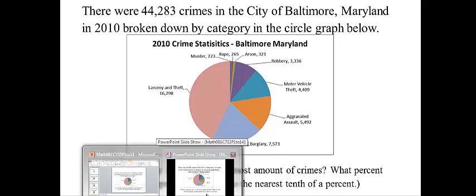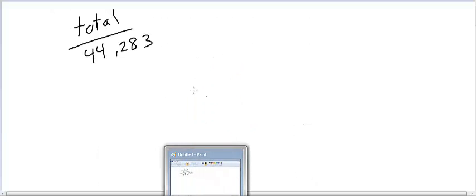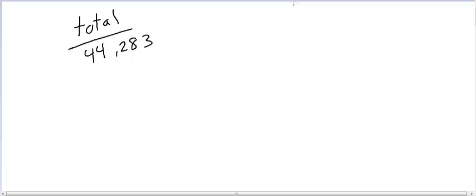So in our total, 44,283, and my larceny totaled out to 16,298. Larceny being the largest category.